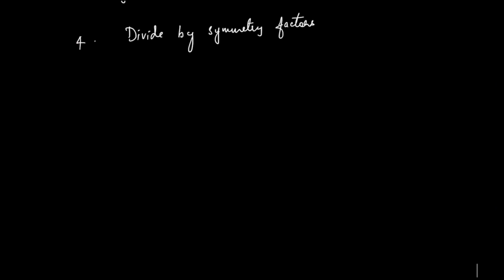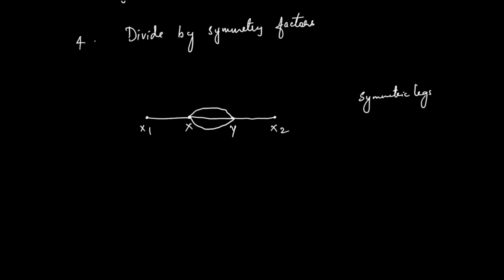Let me draw it once again here. I have a point x1, an external point, then x and y are the internal points, and x2 is another external point, and here I have a propagator. And the number of symmetric legs is 3.